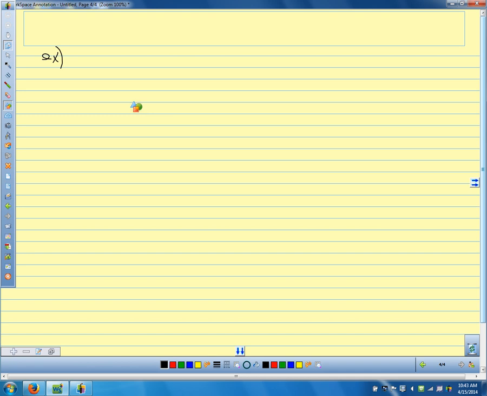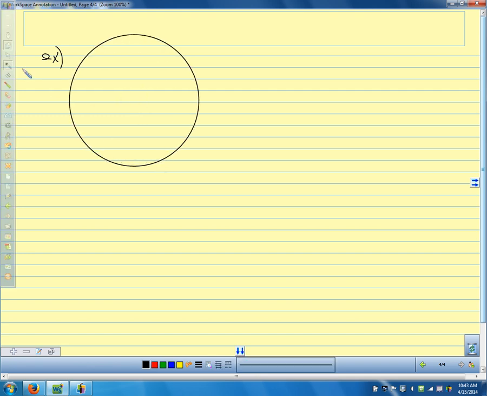So here is my circle. I'm going to draw a few arcs in here and some angles, some central angles. So there's a diameter, goes through the center. And I'm going to call this S, T, U, R, and the center is O. 60 degrees, we'll say that central angle is 20 degrees.